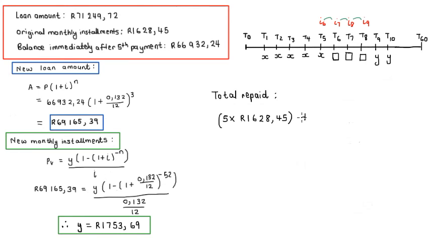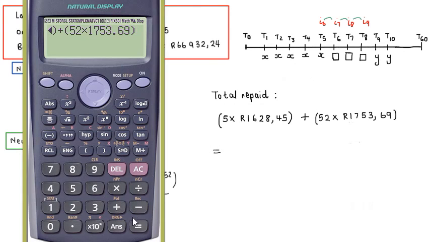Then after that, she paid 52 of this new monthly installment, 1,753 and 69 cents. So in total, Becky pays the bank 99,334 and 13 cents. That's a lot of money.